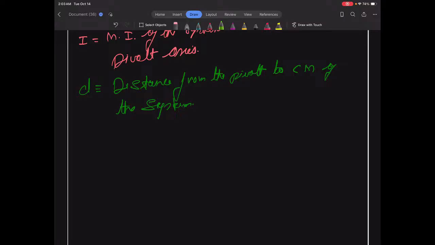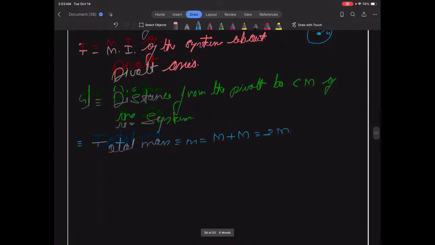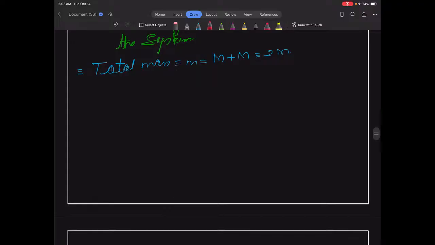We are given that the rod is massless. Therefore we can say the total mass, let us suppose that is our small m, will be only the mass of the first disc plus the mass of the second disc, and that is 2 times m. Let me draw this figure here.